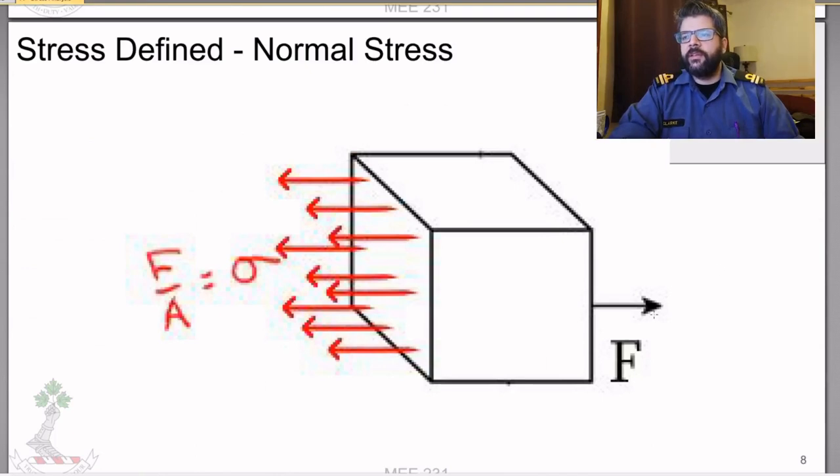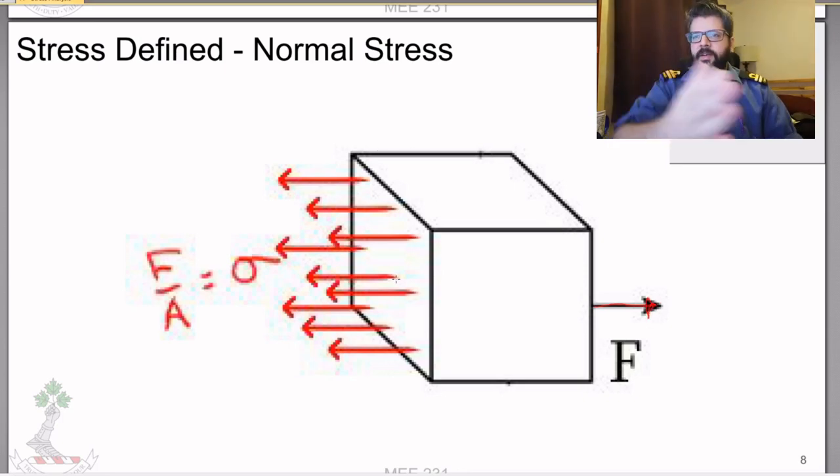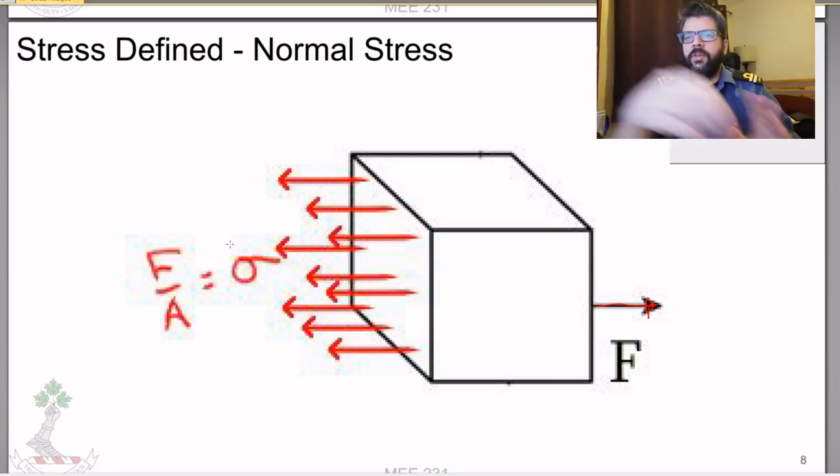Looking at something like this, if we have a body here and we're applying a force on this end, and we cut it in half and look at how this force was distributed internally, those forces would be distributed across this face.